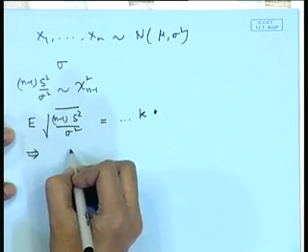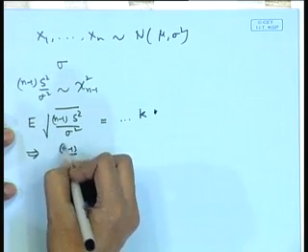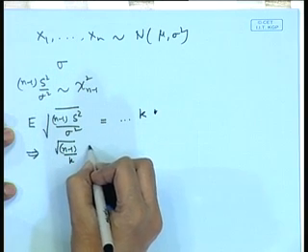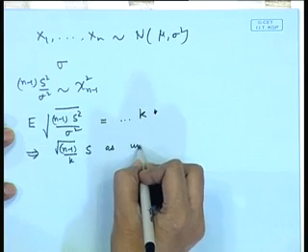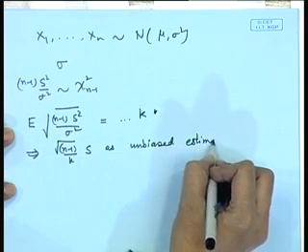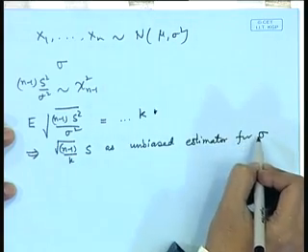So, we get here square root n minus 1 by k times s as unbiased estimator for sigma, that is the standard deviation.